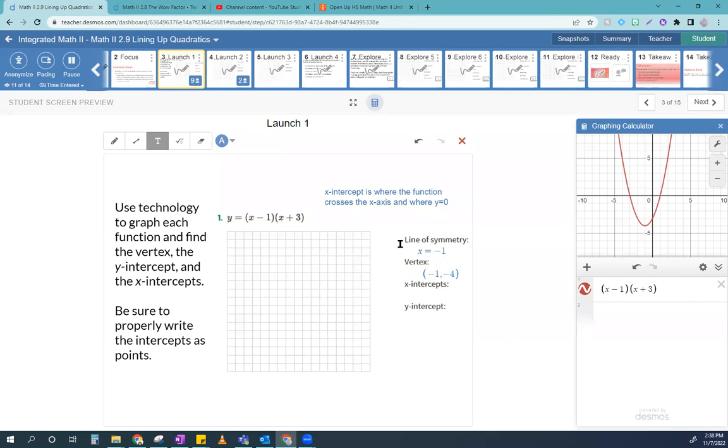Okay, so there's actually 2 of them. There's one right here and one right here. Okay, so I need to write those down. 1, 0, and -3, 0. So 1, 0 and 3, 0. Did I do that right?